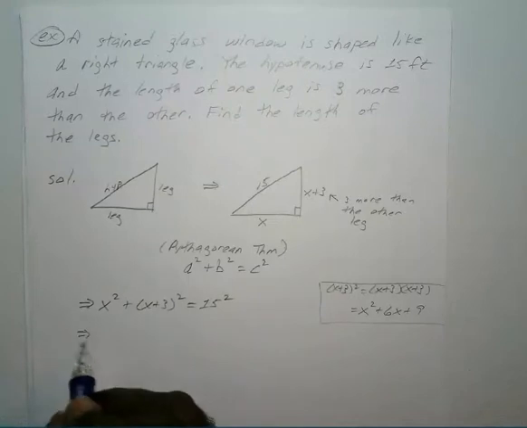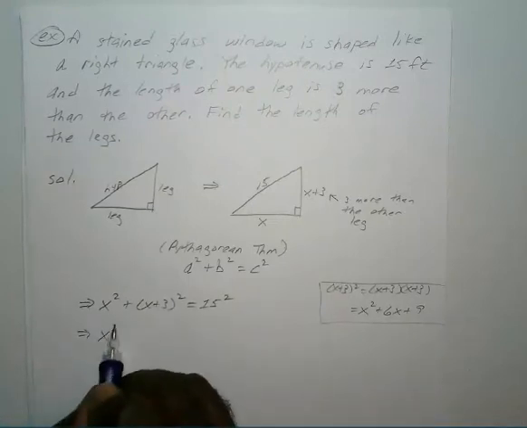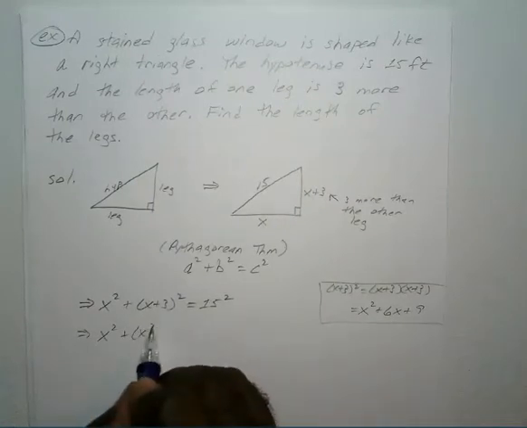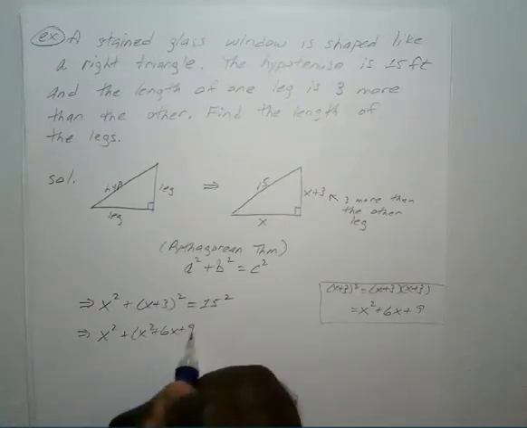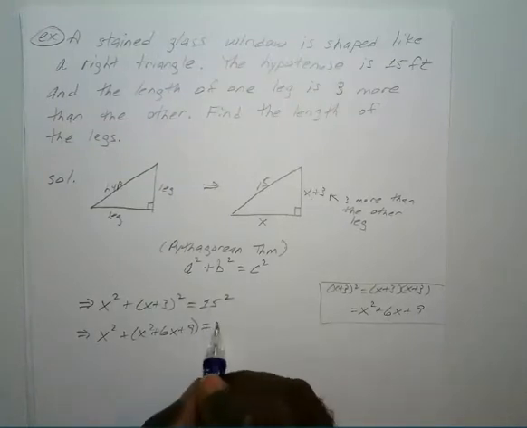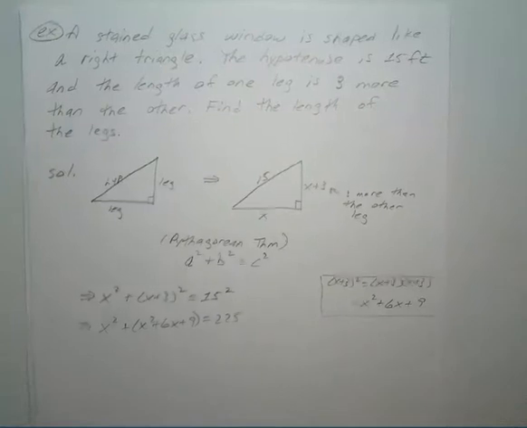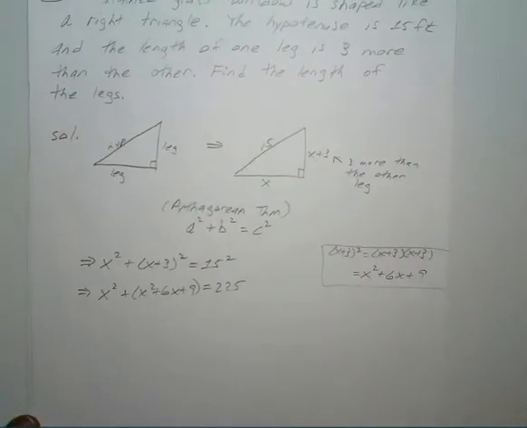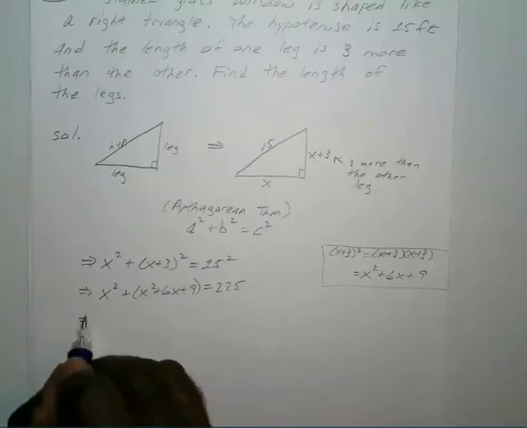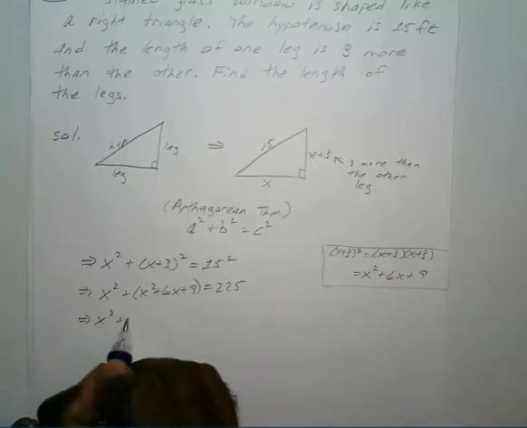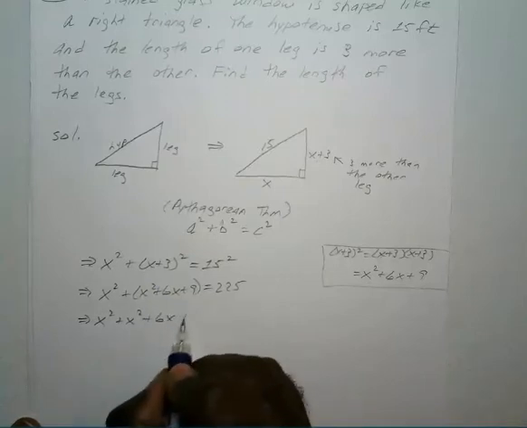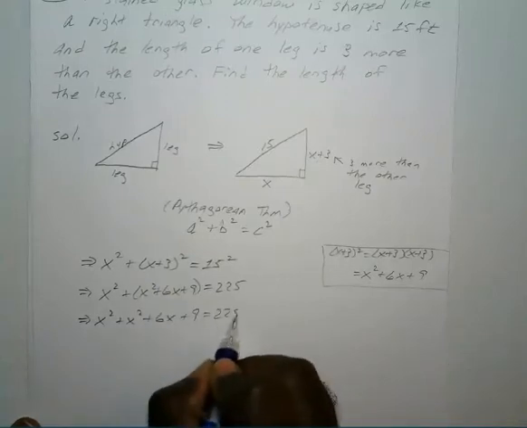That gives us x squared plus 6x plus 9 equals 15 squared, which is 225. Since this is plus, we can just drop the parentheses. We have x squared plus 6x plus 9 equals 225.